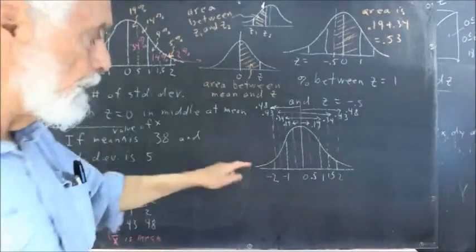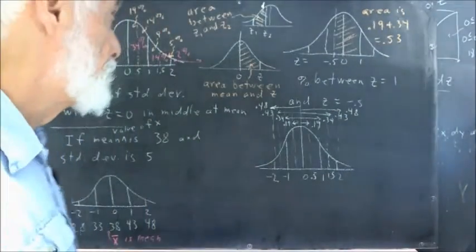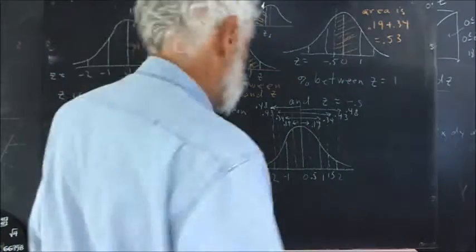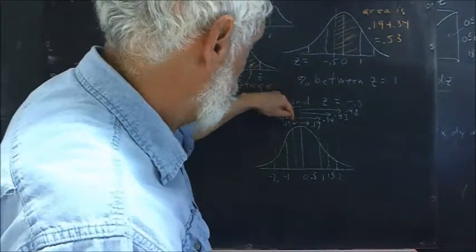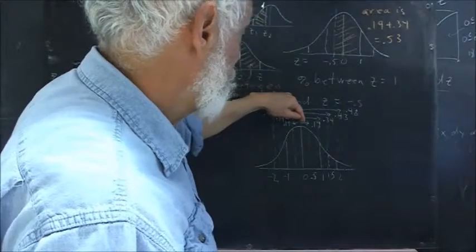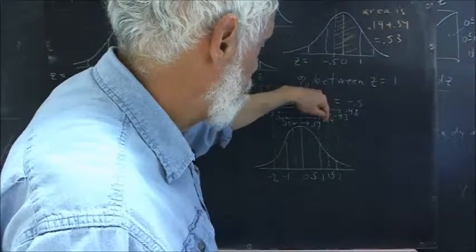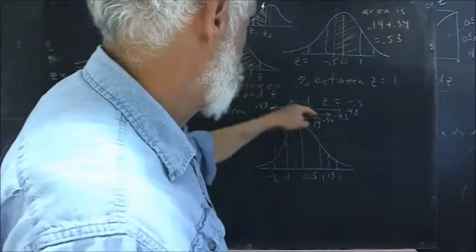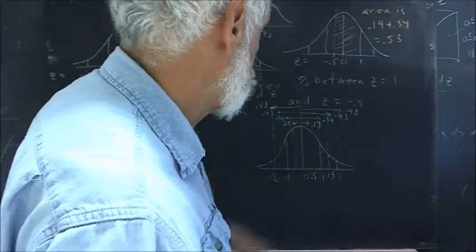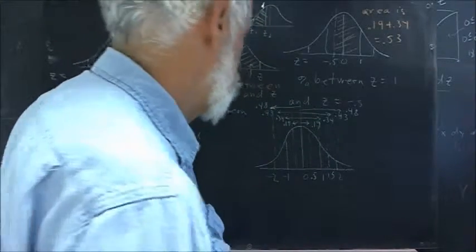Now, if we use this information, how do we calculate this? Well, from the middle to here is 0.19. From the middle to z equals 1 is 0.34. From here to here is 0.34. So we have the same information.